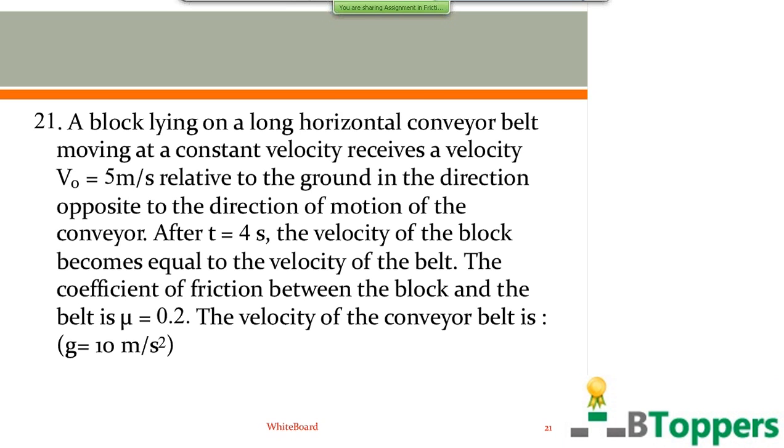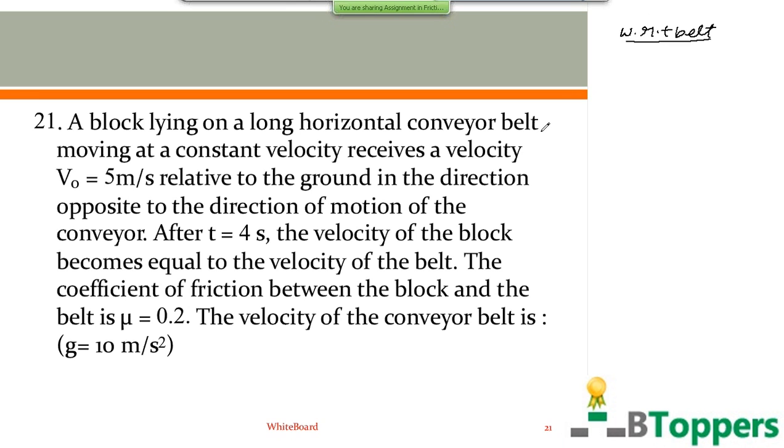So you can solve the problem in two ways. One is with respect to the frame of reference fixed to the conveyor belt. The frame of reference fixed to the conveyor belt is moving with constant velocity with respect to the laboratory frame of reference.